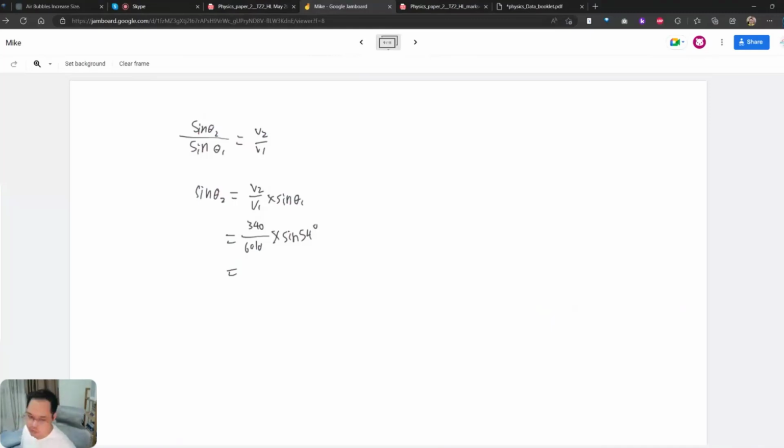And then use the inverse sine function on the calculator to find the angle. It's supposed to be smaller than 54 degrees.